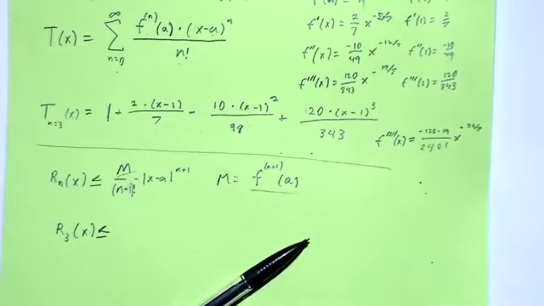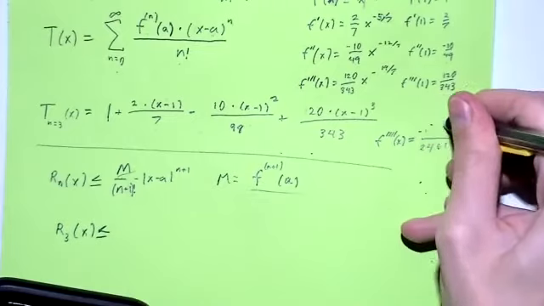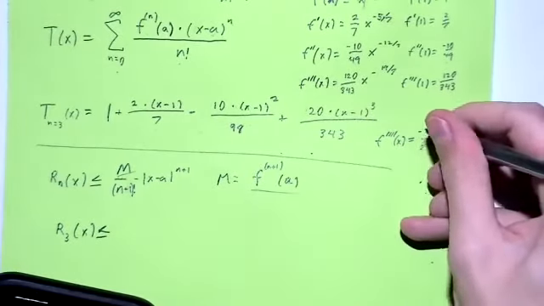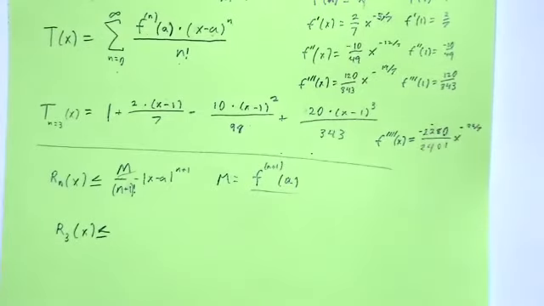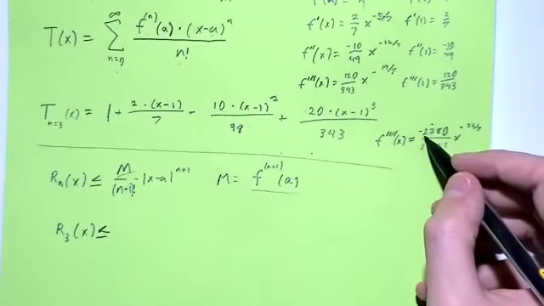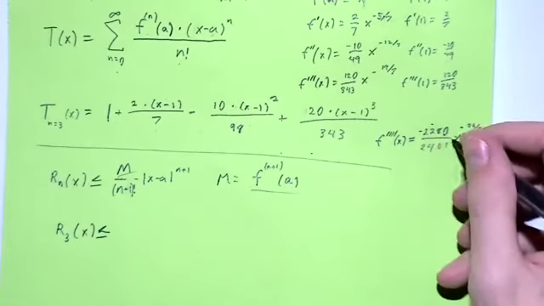So I guess I could just do 120 times 19 real quick. Okay, 120 times 19, negative 2280. So we got negative 2280 over 2401.